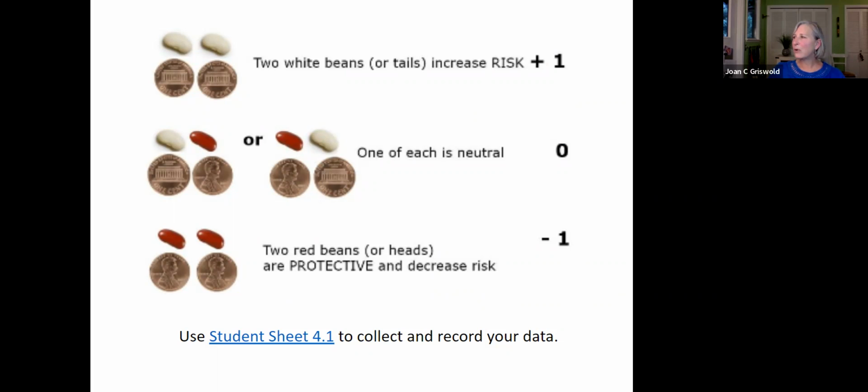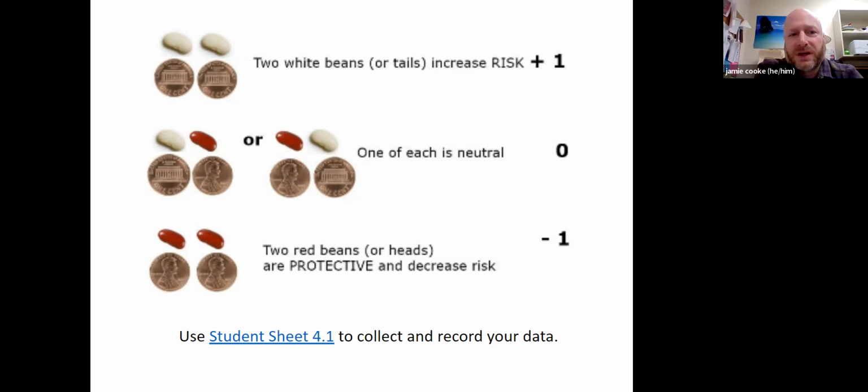So you're going to be flipping a coin, figuring out your risk, whether you have a +1, a 0, or a -1 for each of 12 times, and then you'll record that on a communal distribution chart. Any questions about that so far?